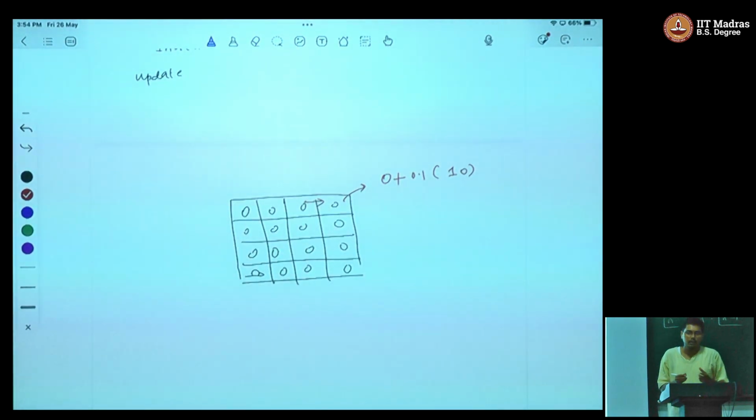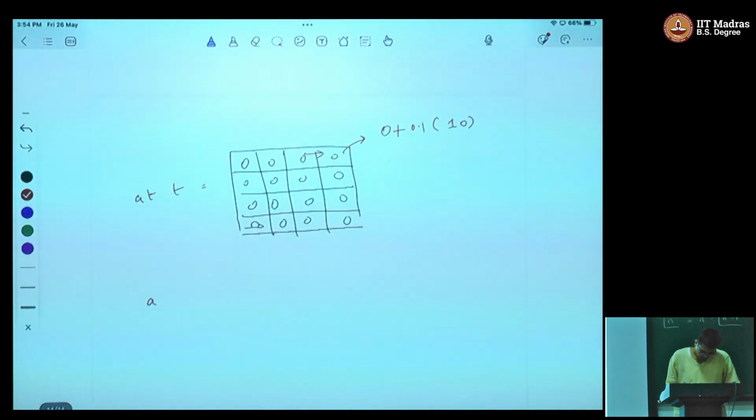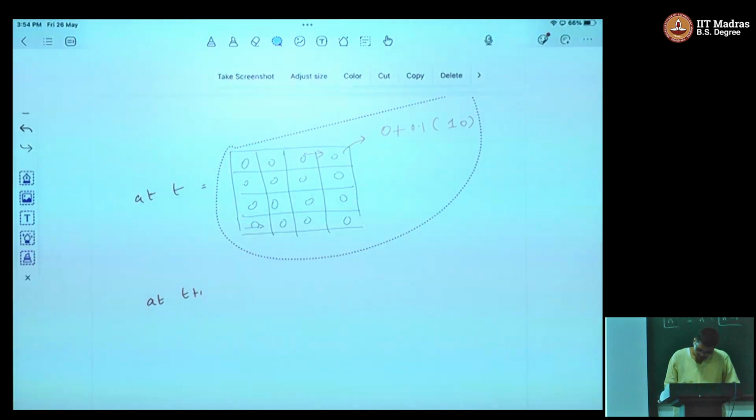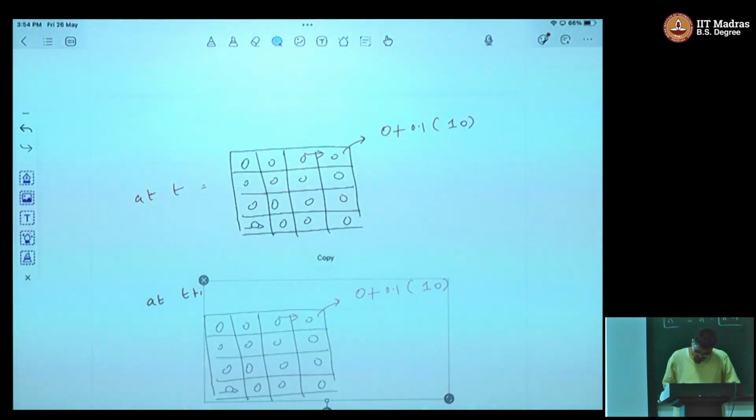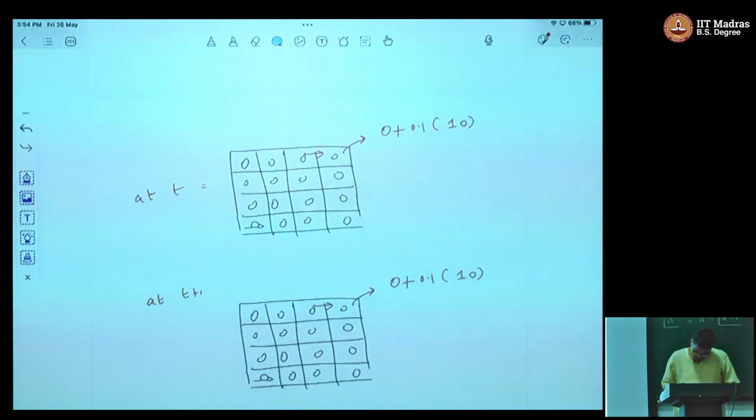It will update information: at t this is the information, at t plus 1 you just make a small update. So it will say, okay, this is not 0, but this is 1.